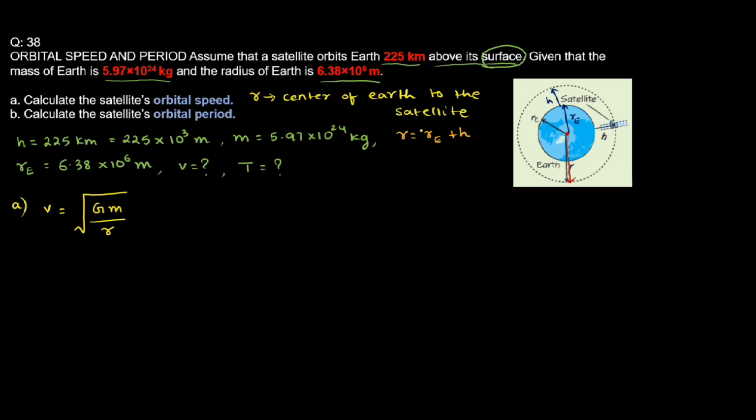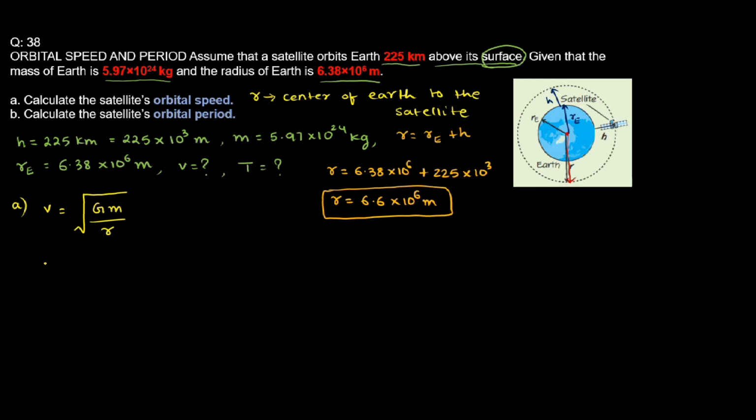And we can calculate the value of small r before solving for V. Then I will put my small r equals 6.38 times 10 to the power 6, which is RE, plus 225 times 10 to the power 3, which is h. That gives me the value of r as 6.6 times 10 to the power 6 meter. This is the r that I will substitute in my equations for orbital speed and orbital period.